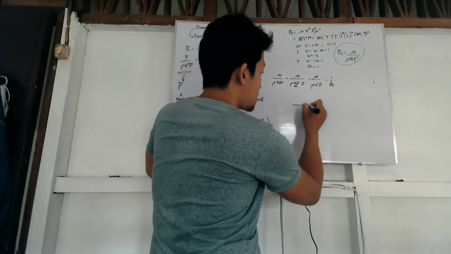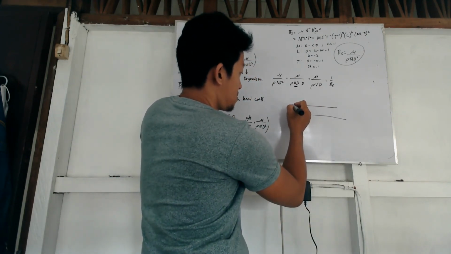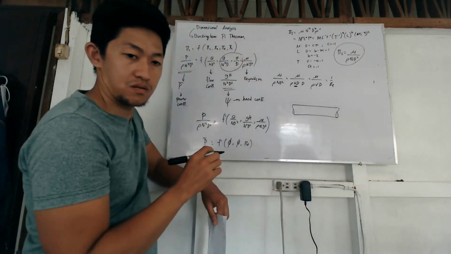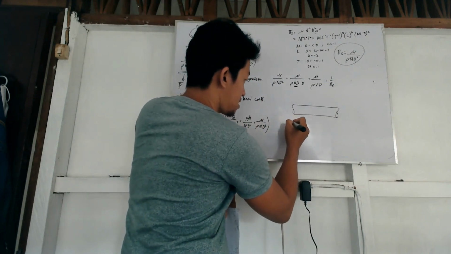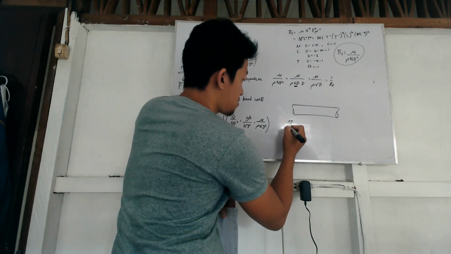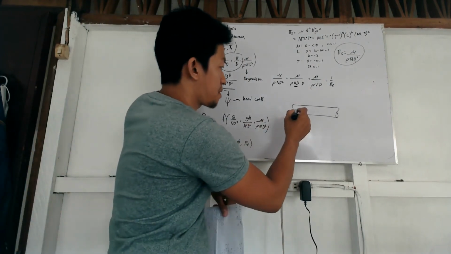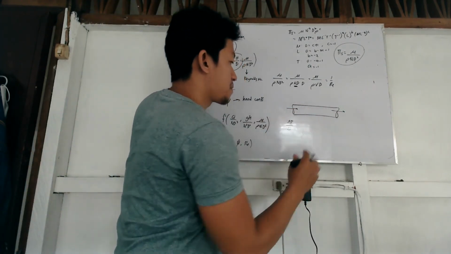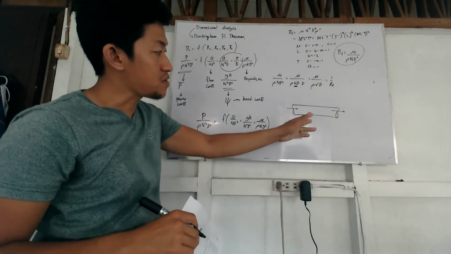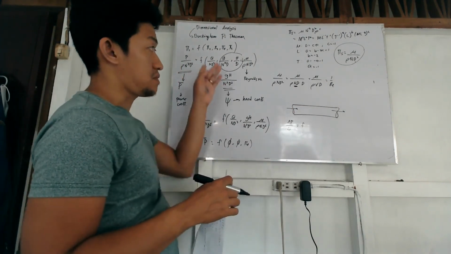So for example, if you have a pipe there, and you want to get the pressure difference per length as a function of the variables that affect your pressure difference, you can get it using dimensional analysis.